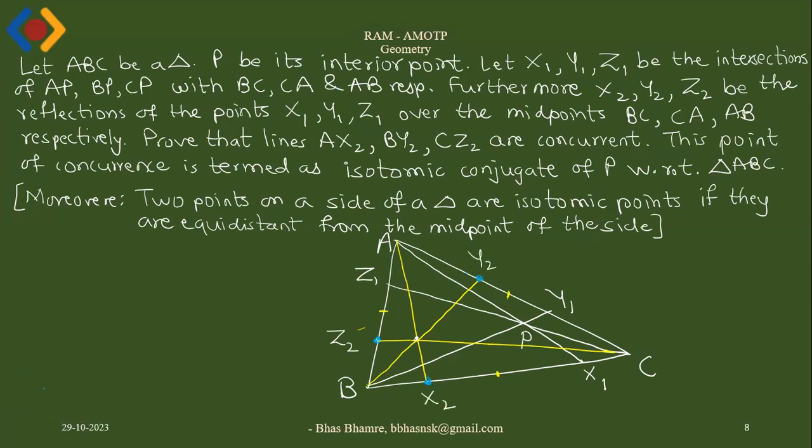So this is the isotomic conjugate of point P, I mean the point of intersection of the medians. With whom intersection? Intersection happens of median, but with what, Shreya?